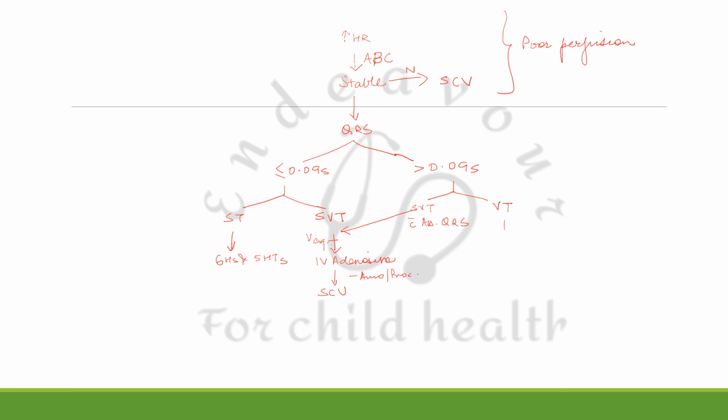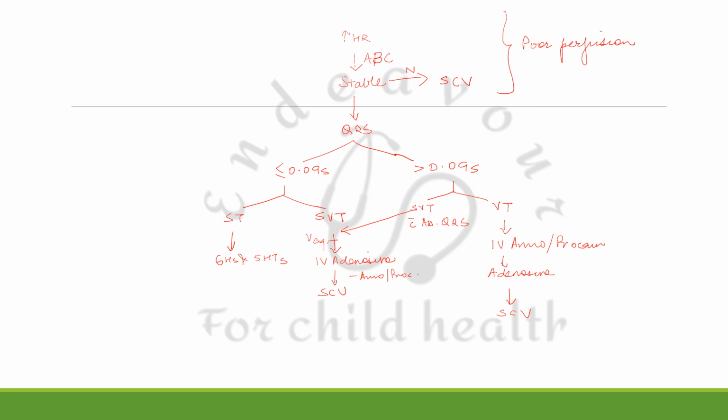While if it is a ventricular tachycardia, the drug of choice at first is IV amiodarone or procainamide, and if it does not revert, then you have to go for IV adenosine, and if it does not respond to adenosine as well, in the end you go for synchronized cardioversion.